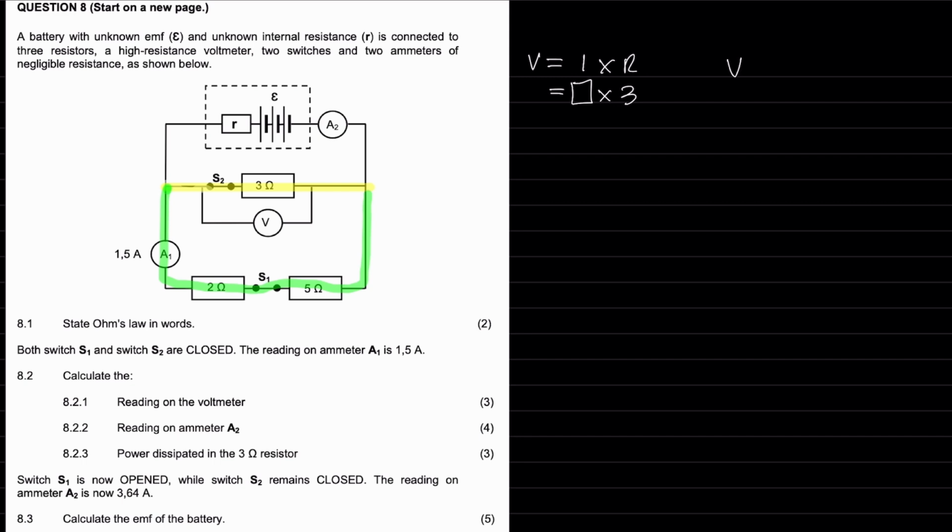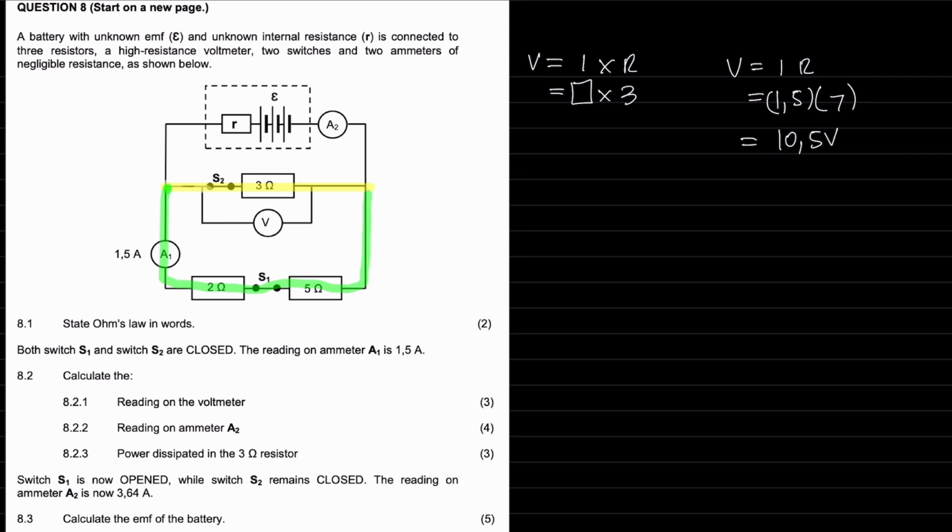For the green branch, V is equal to IR. We know the current, 1.5. We know the resistance. It's going to be the combination of the two resistors, so 2 plus 5, so 7. And 1.5 times 7 is 10.5 volts. And that's going to be the voltmeter reading as well.